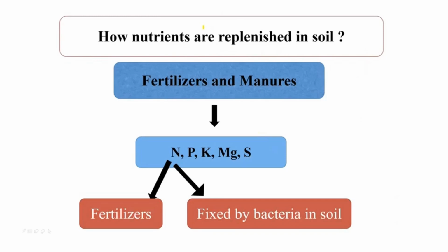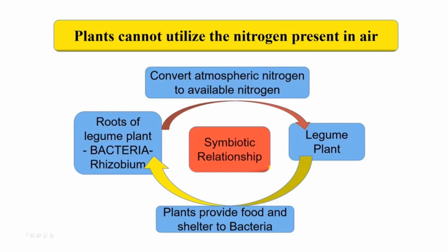Let's see. As you know, plants cannot utilize the nitrogen present in air, which makes up 78% of the atmosphere. That form of nitrogen is not used by them. So how do they use it? The roots of leguminous plants like peas and beans possess some bacteria called nitrogen fixing bacteria, also called rhizobium.